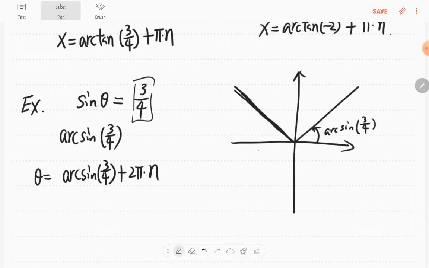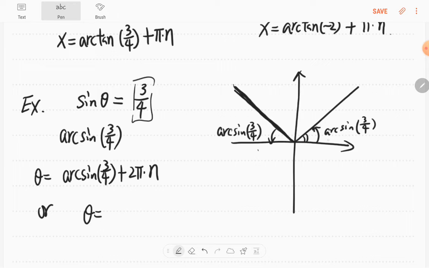So what about this terminal side? We notice that this angle should be equal to this angle, because they have the same reference angle. This is arc sine of 3/4, right? So what about this one? Can we find an angle? This is another one, or theta equals what?